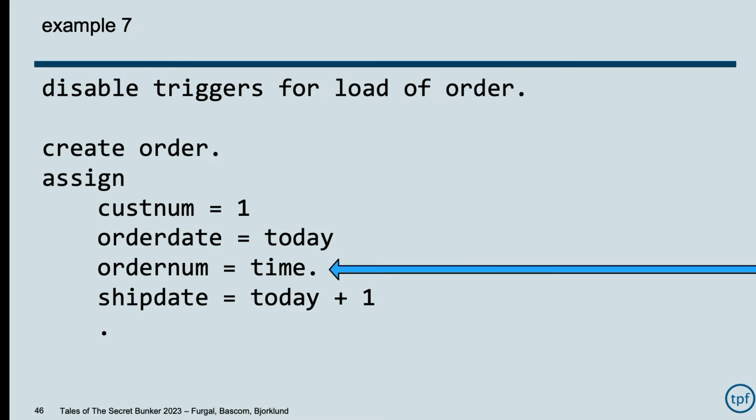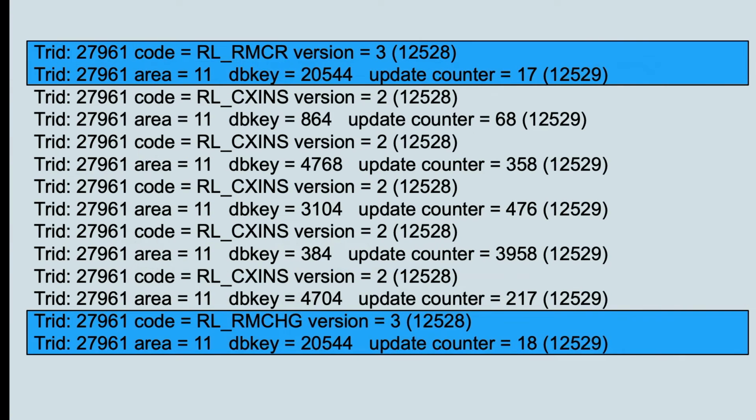Okay, one more variation on this. Let's say you accidentally put a dot in the wrong place. So now what happens? When you run your crappy code, you get the create, the index inserts, and then you get an update.